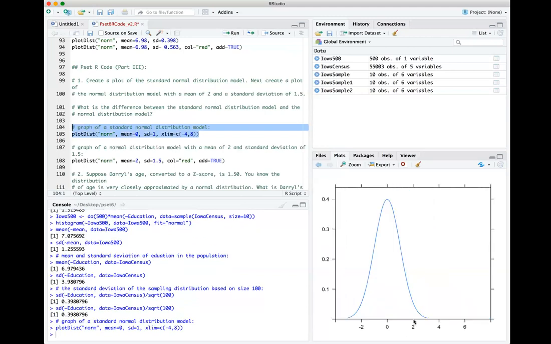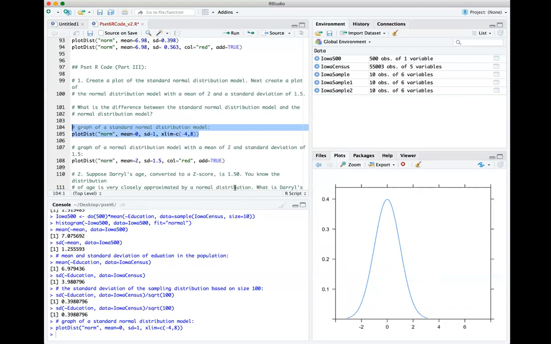This means that a 2 in our standard distribution model means we have 2 standard deviations above the mean, and a negative 2 is 2 below. And this is where we get to the concept of z-scores. Z-scores are the formulation of means and averages to each average within the normal distribution model.